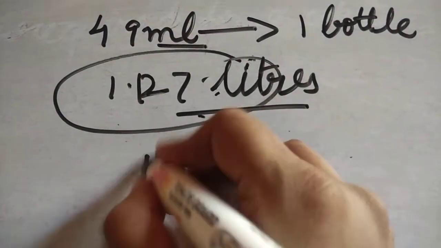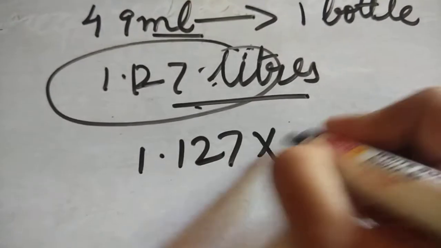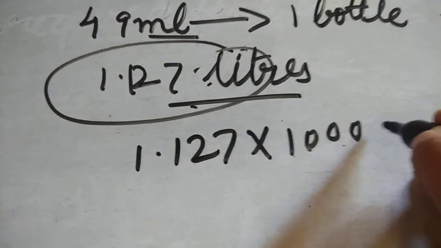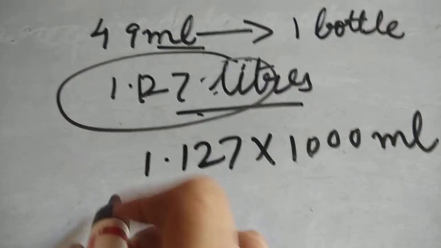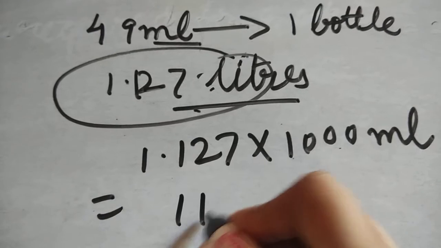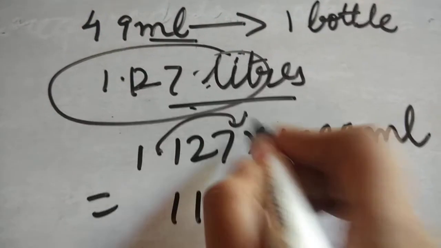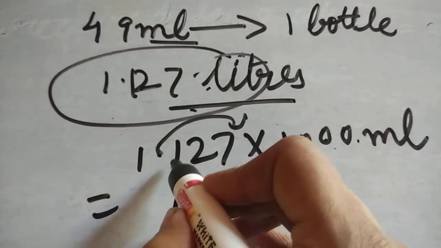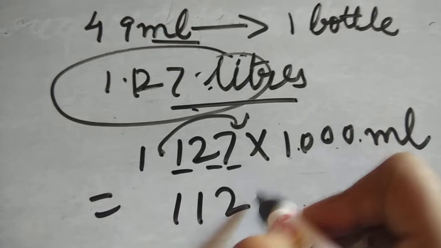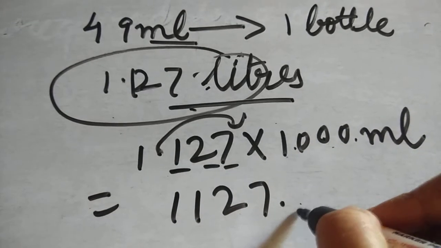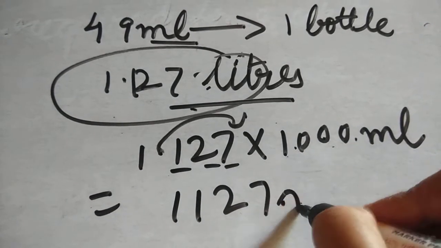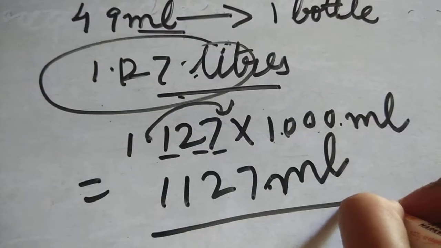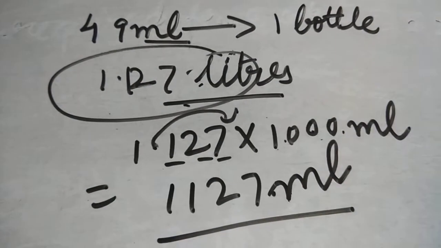For that, 1.127 multiplied by 1000 ml: the point shifts 3 steps, 3 zeros are here, 1, 2, 3, and here the point is, so it is converted into ml.